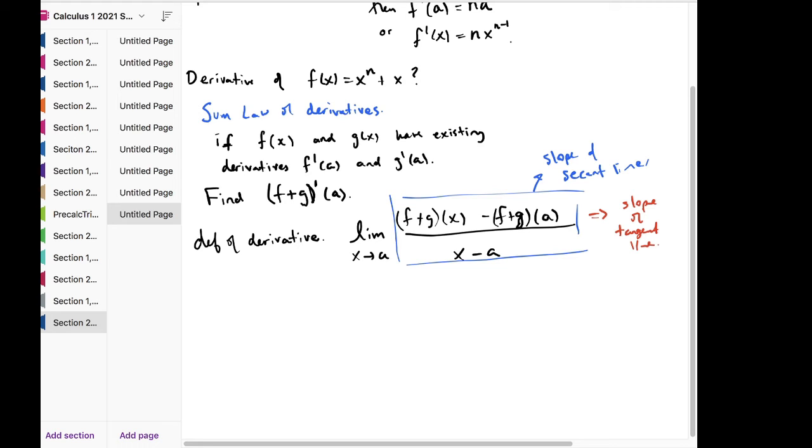Okay, so what is f plus g of x? Well, it's just f of x plus g of x. That's how you define the sum of two functions. Okay, what do you do from here?